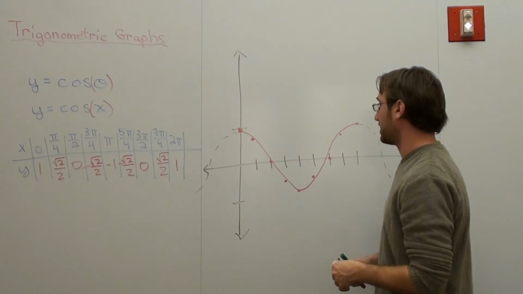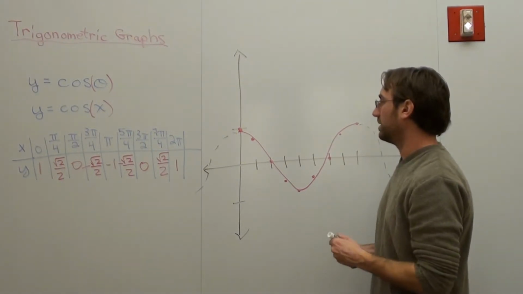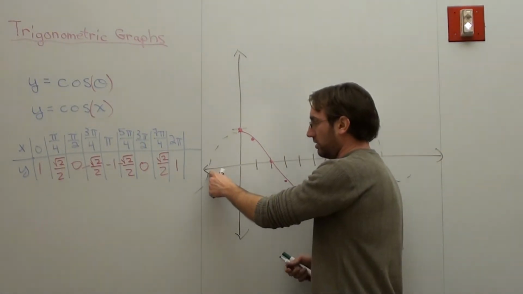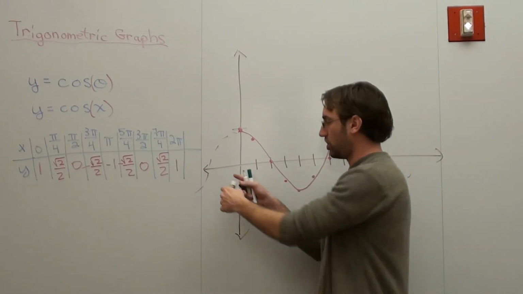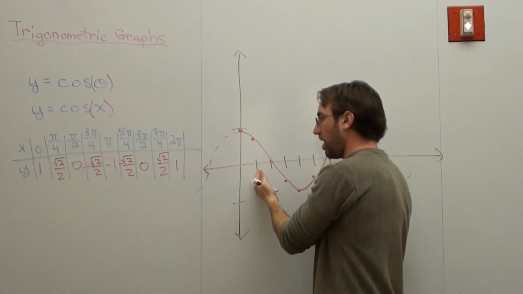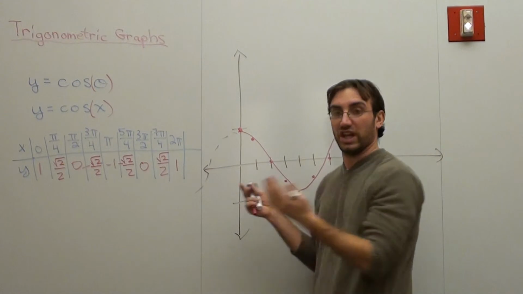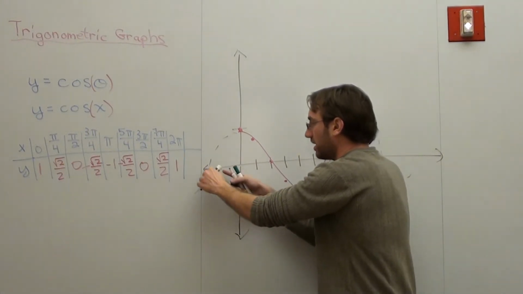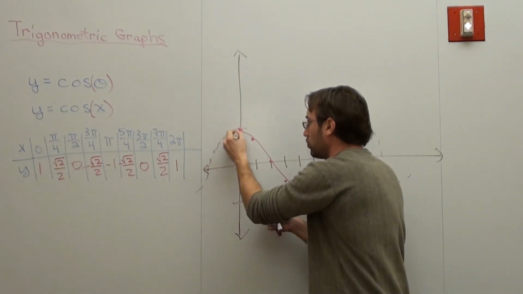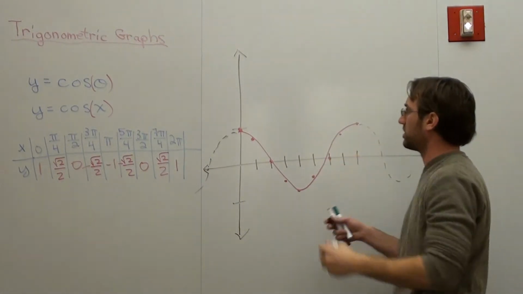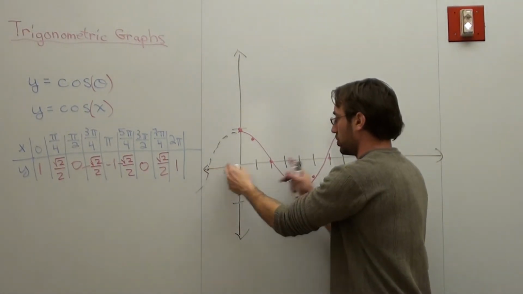The other very interesting thing is that if I shifted 90 degrees to the right, then this would be a sine function. That's in fact what it is. Here's my graph, and that's a sine. All I have to do is shift it this way.